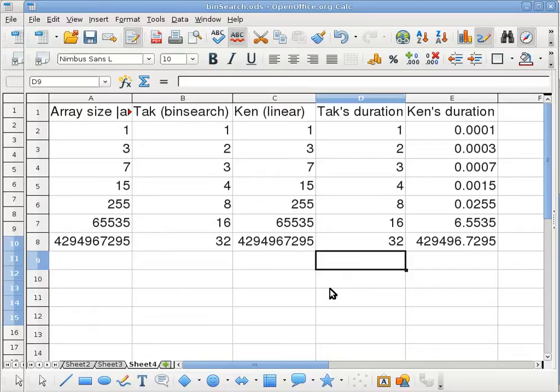That means initially I may be really bad, but at some point my curve will flatten out, and at some point these two will meet. After this point that we meet, mine will go faster because mine increases very, very slowly as the size of the array increases, whereas the amount of time Ken's algorithm takes is proportional to the size of the array.